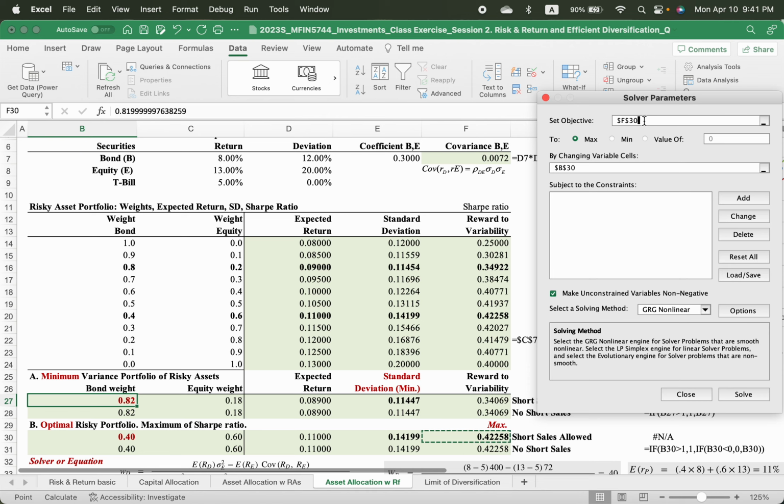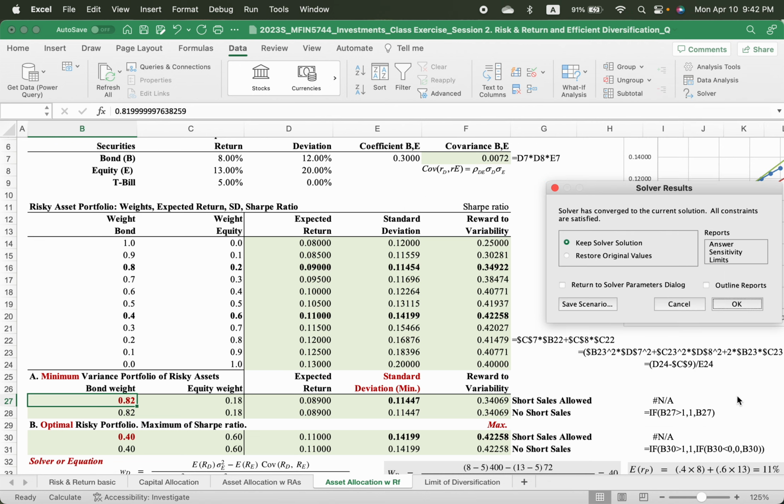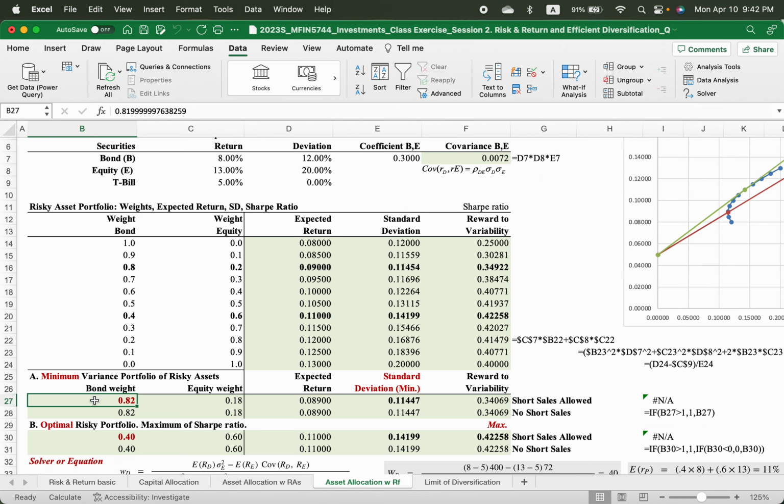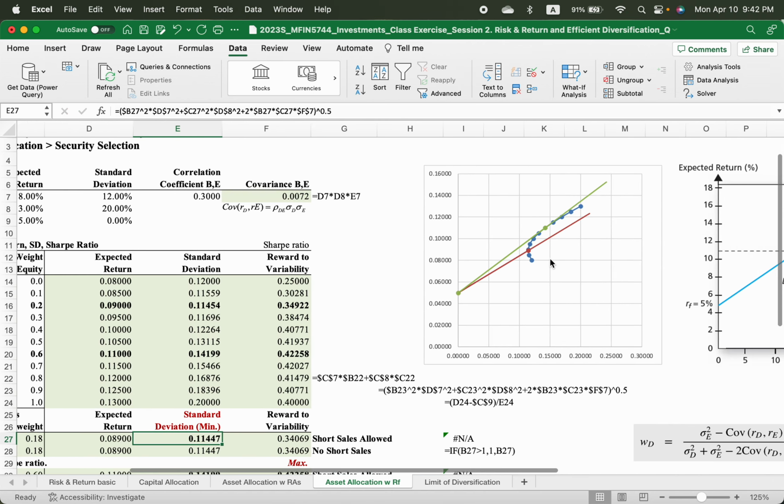If the solver is the set objective, the standard deviation, which is minimum level, and then by changing the cell of this bond weight and solve, okay, then we can get this, the weight. It's not exactly 82%, but anyway, almost the same as the 82%, right? Where the standard deviation has minimum.